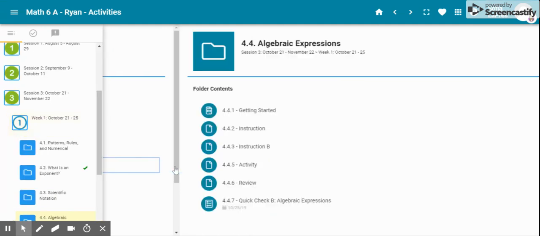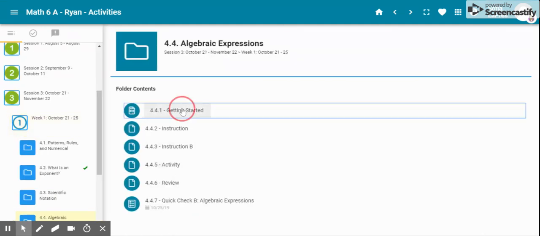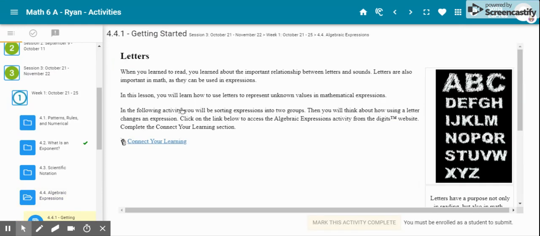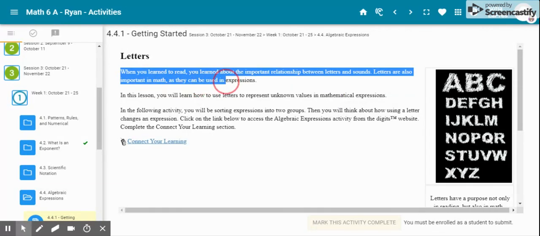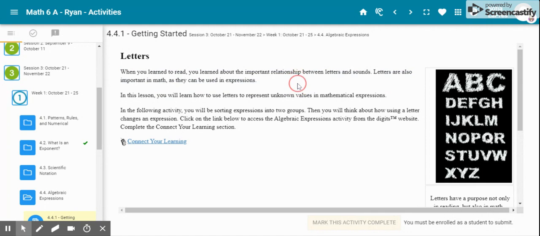So I'm going to go into the folder. And when we talk about algebraic expression, it has a lot to do with letters. When you learned to read, you learned about the important relationship between letters and sounds. Letters are also important in math as they can be used in expressions.